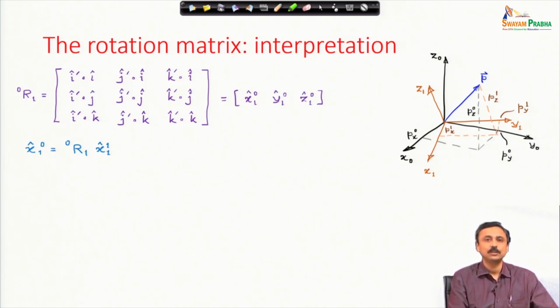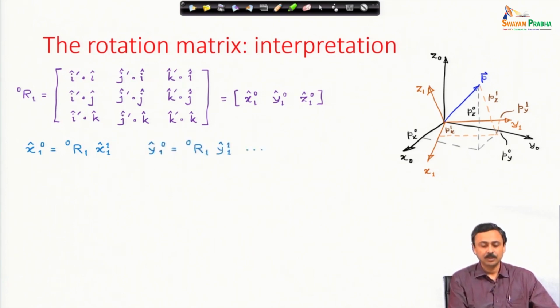Therefore, the first column represents x1 in frame 0, because the representation of x1 in frame 1 is the unit vector 1 0 0. Similarly, y1 in frame 0 is found by transforming y1 in frame 1 using R1 to 0, and y1 in frame 1 is 0 1 0. Therefore, this multiplication on the right hand side only filters out the second column.